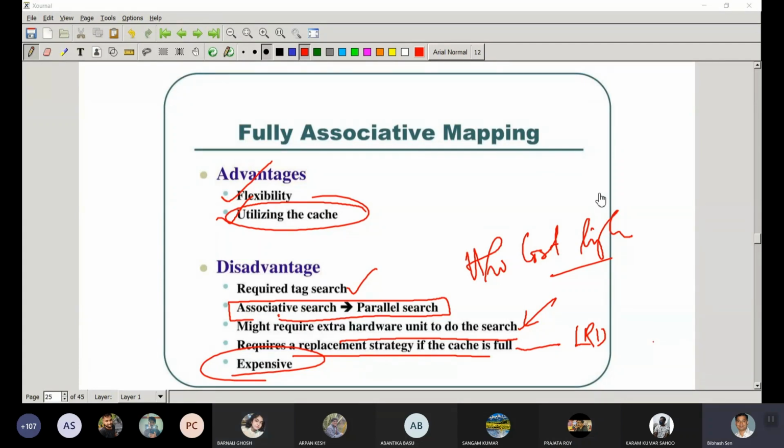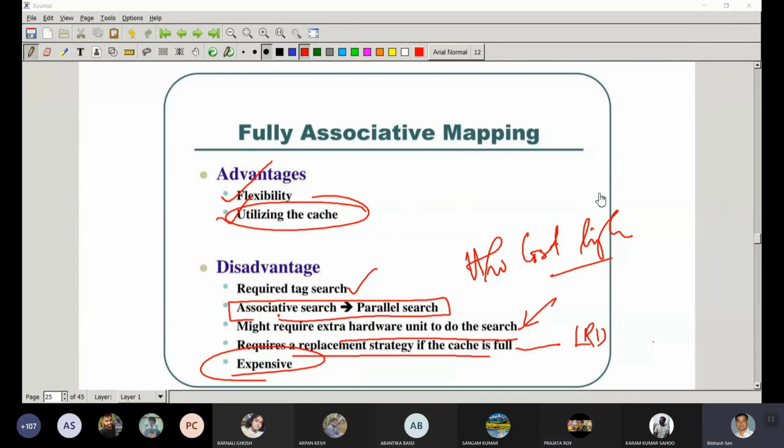Because I found both processes have some advantages and disadvantages. In DM, there is less utilization of the cache, but it is very fast and less expensive. Hardware cost is very low. But in associative, cache utilization is very high and flexibility is also high, but on the other side it is very expensive.